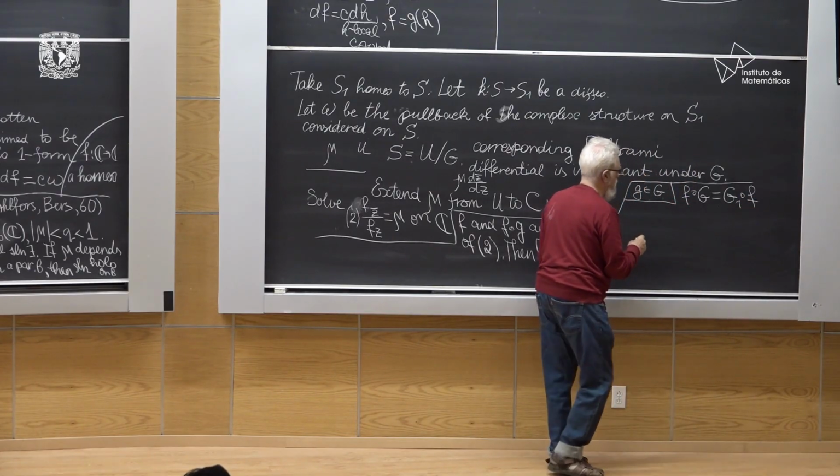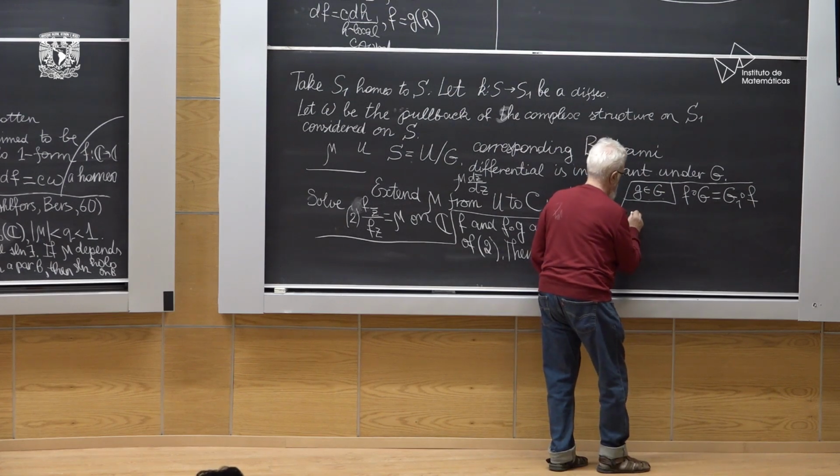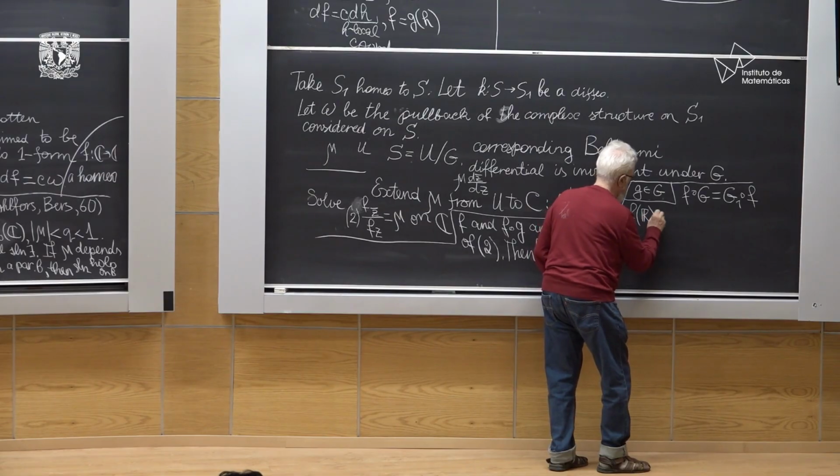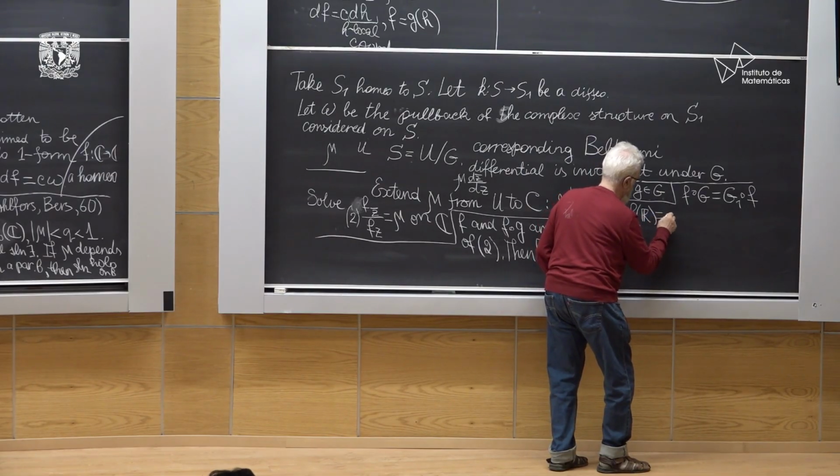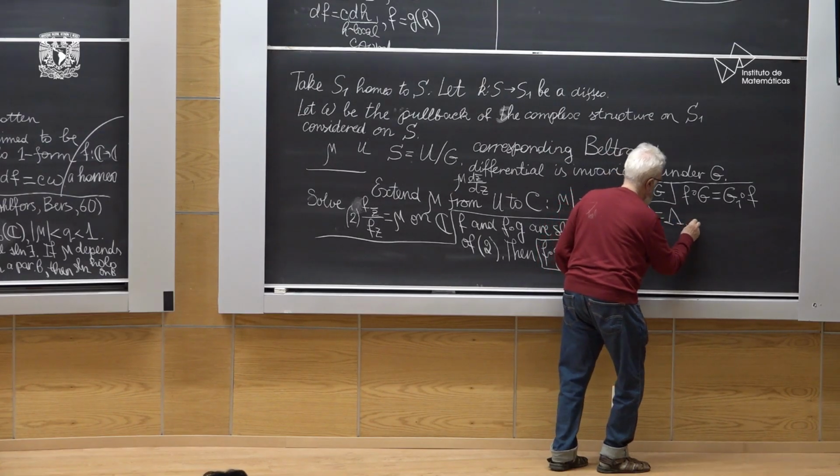And the real line under f comes to a topological circle, a homeomorphic image of the circle lambda.